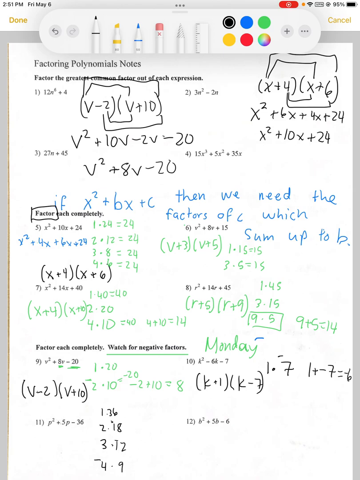Negative 4 plus 9, that would be positive 5, which is what we were looking for. We have found a factor of 36 that adds to positive 5. And you'll notice we have a negative sign there, so let's go ahead and write that. So that's going to be v minus 4 times v plus 9. Oh, I put the wrong variable, didn't I? Let's try that again.